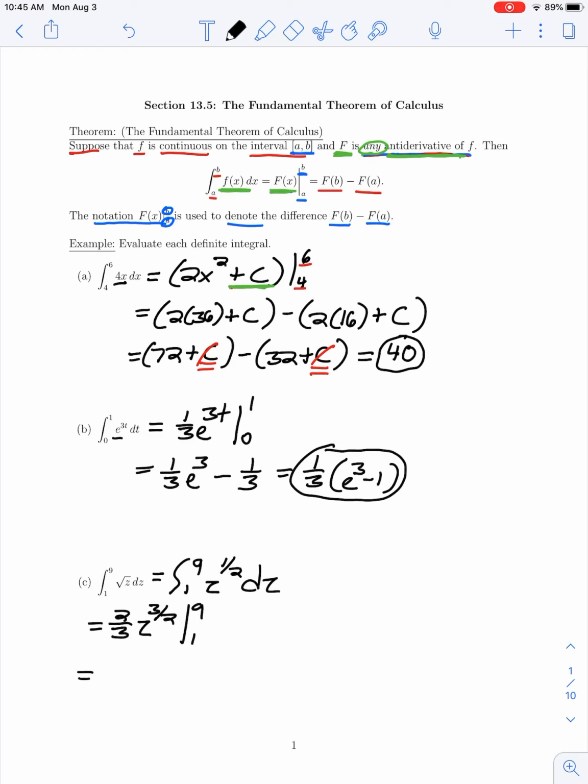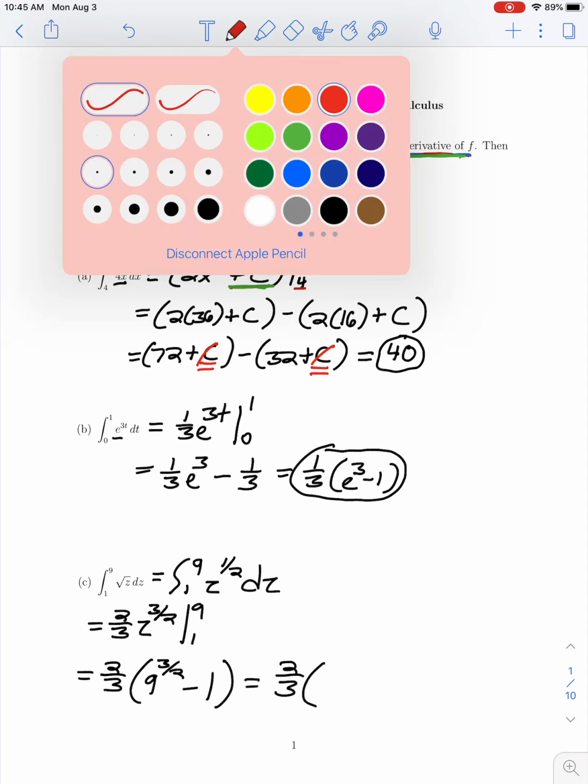So here we have a constant 2/3 out in front, and then if I evaluate 9 to the 3/2, we'll simplify in just a moment, then we would subtract our 1 to the 3/2 power, which is just 1. So we had our constant 2/3, and now let's see how this can be simplified.